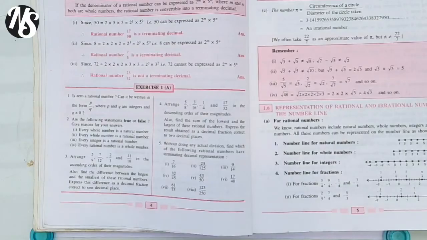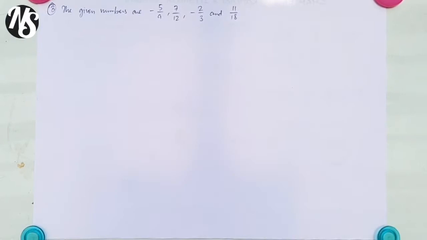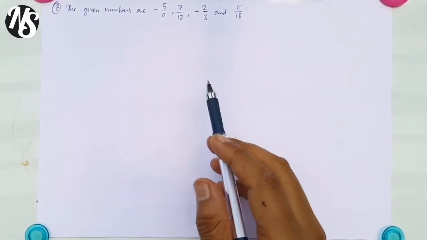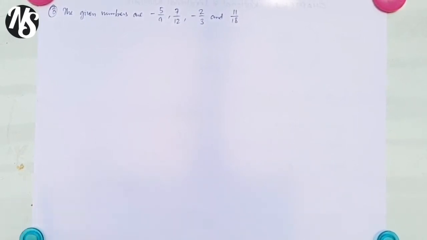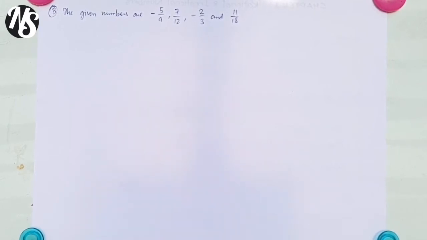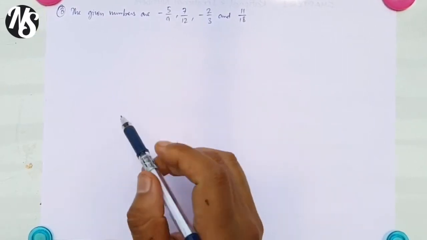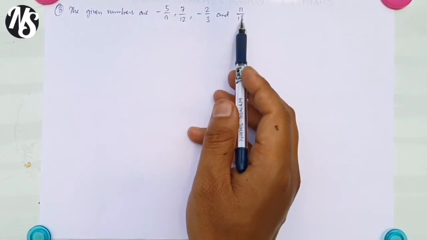Let's see this particular question. So these are the 4 given rational numbers. You have to arrange them in ascending order of their magnitude. Let's see how to do this. In such a case, you first need to find the LCM of the denominators.